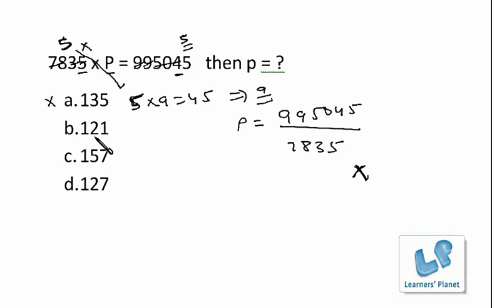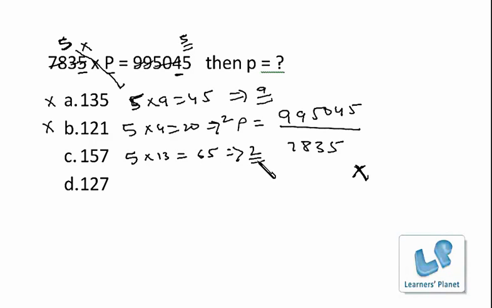The second one is 234, so here this 5 into 4 is 20, so the digital sum is 2 plus 0, that is 2. So even this is not the correct choice, right? Now over here, 7 plus 5 is 12 and 1 is 13, so it's 5 into 13, that is 65, that is 6 plus 5 is 11, that is 2.